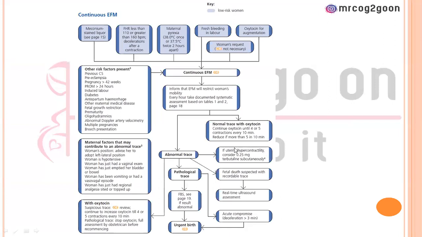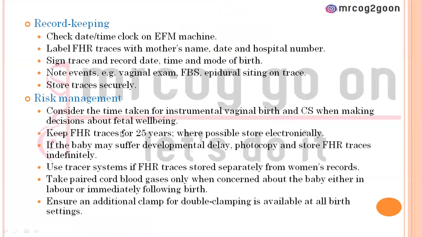Abnormal trace, if uterine hypercontractility, we will go for subcutaneous terbutaline, or if fetal death suspected with recordable trace, real-time ultrasound. Pathological trace, we will go for fetal blood sampling, and I will tell you how we interpret the fetal blood sample in a few minutes. Or if it is pathological acute compromise, if deceleration is more than 3, we will go for urgent birth.